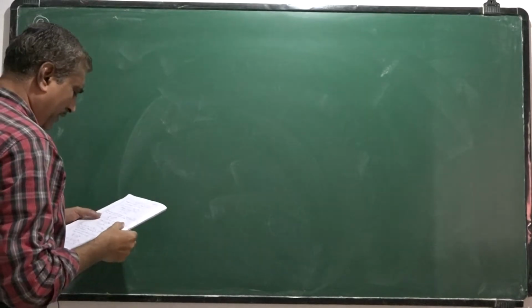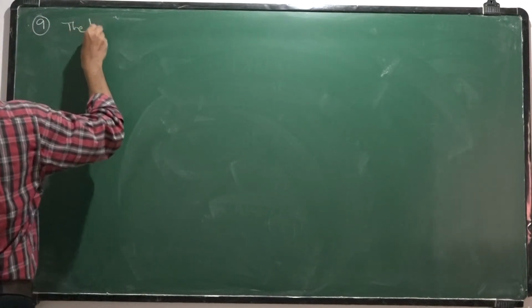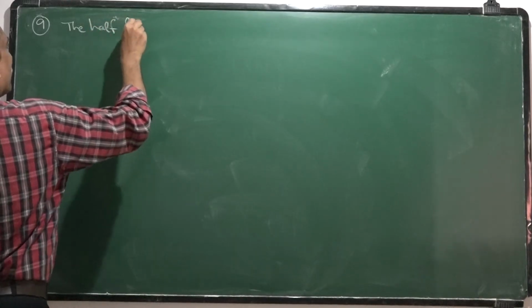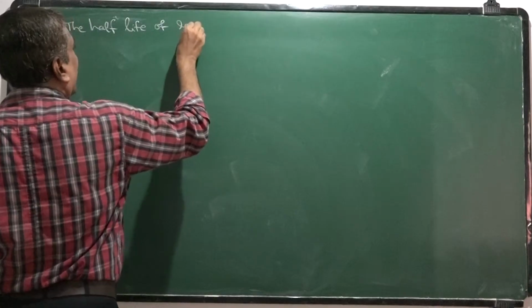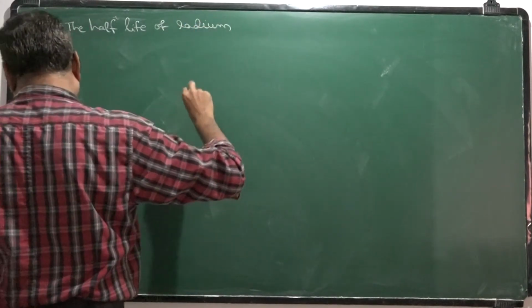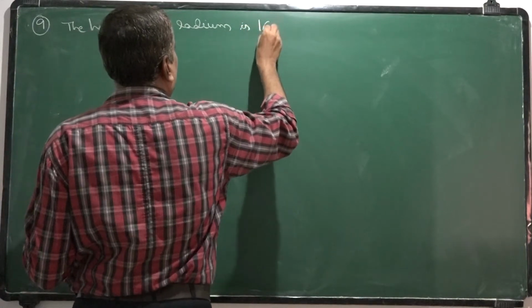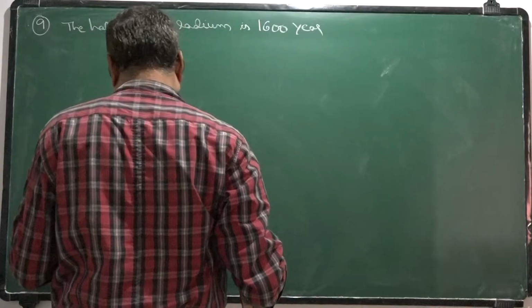Now the ninth one, actually eighth in the last class: the half-life of radium is 1600 years.